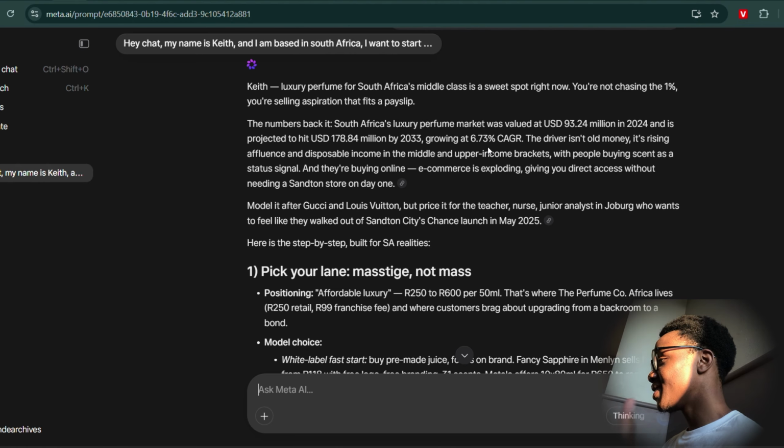The driver isn't old money. It's rising affluence and disposable income in the middle and upper income brackets, with people buying scent as a status signal, and they are buying online. E-commerce is exploding, giving you direct access without needing a scent in store on day one.